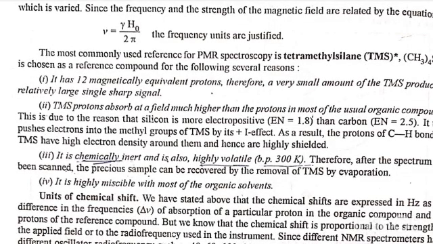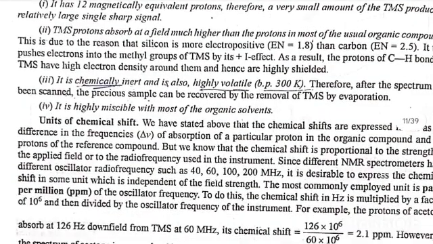The most commonly used reference for PMR spectroscopy is tetramethylsilane. It is chosen as a reference compound for several reasons. It has 12 magnetically equivalent protons. Therefore, a very small amount of TMS produces a relatively large single sharp signal. TMS protons absorb at a field much higher than the protons in most of the usual organic compounds.